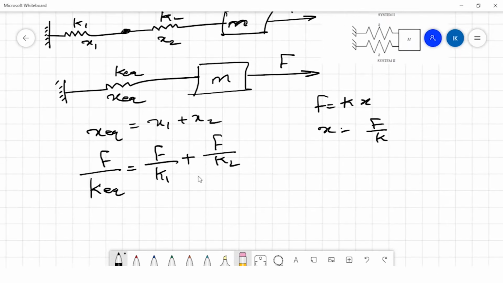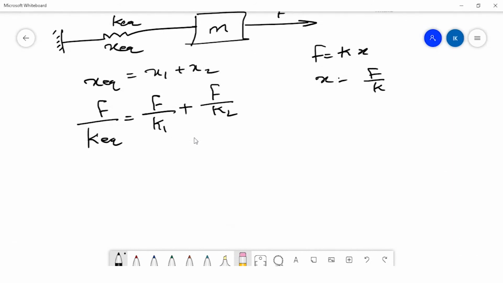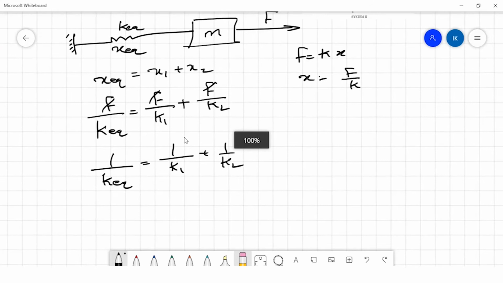Since F is common, we can cancel F. Hence, for a series connection of springs, the effective spring constant is 1 by K equivalent equal to 1 by K1 plus 1 by K2.